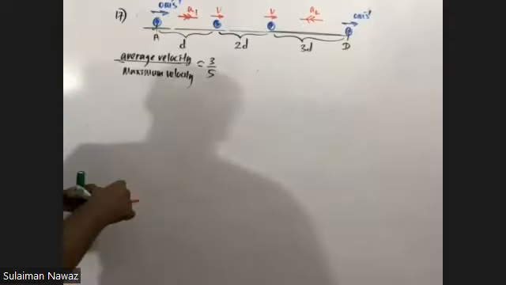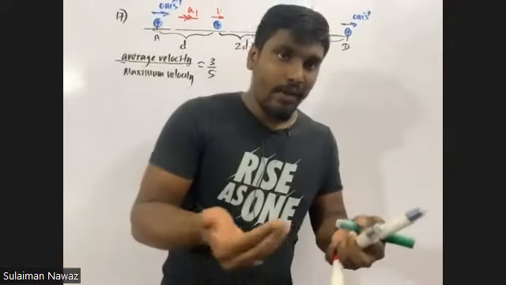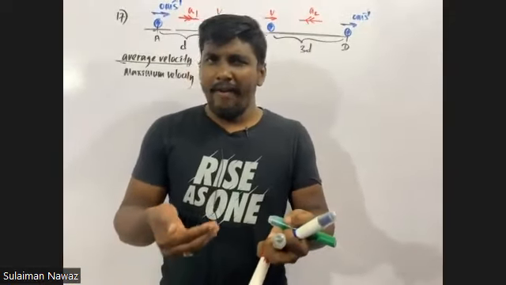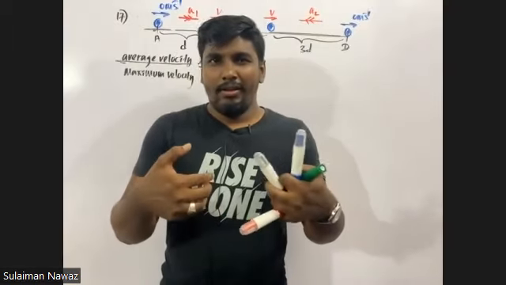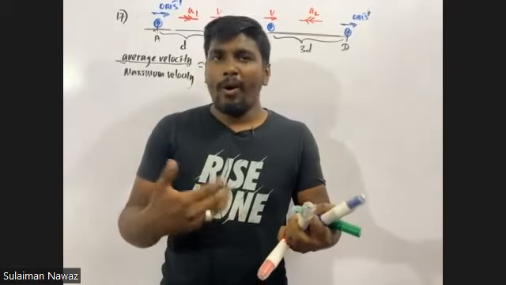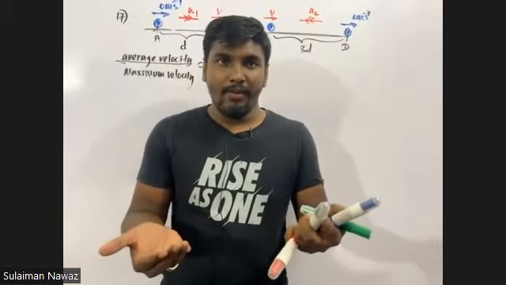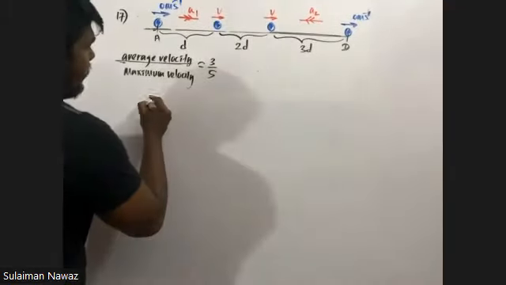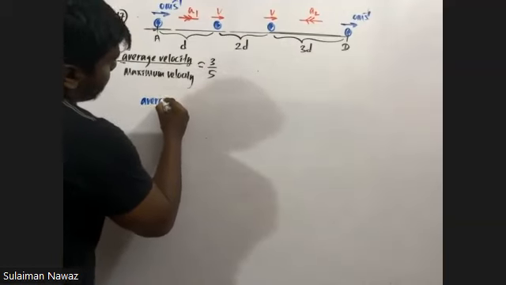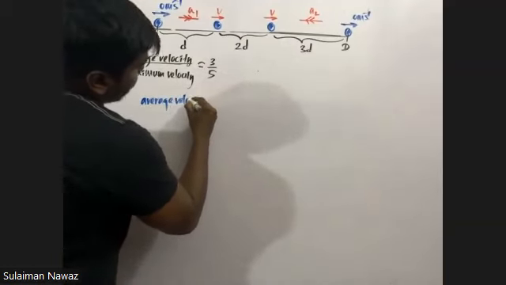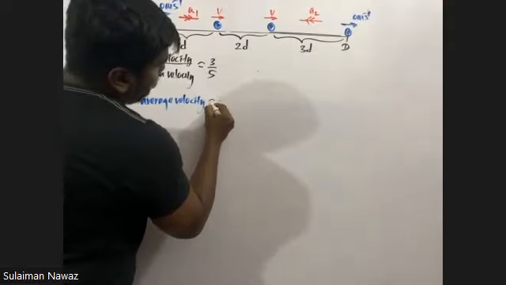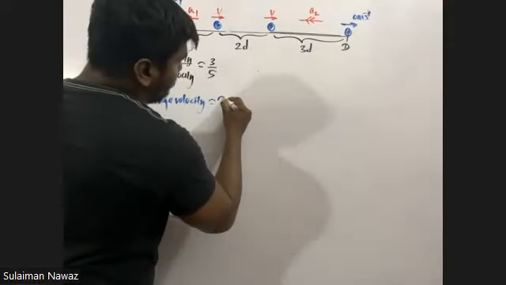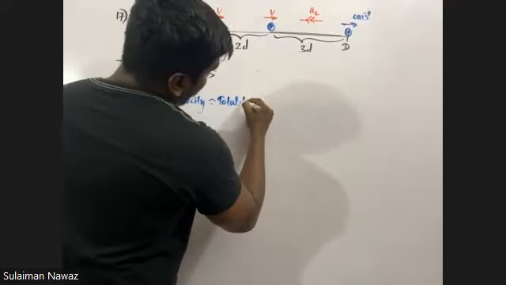Now look at it. We know what average velocity is. Average velocity means total displacement over total time, right?